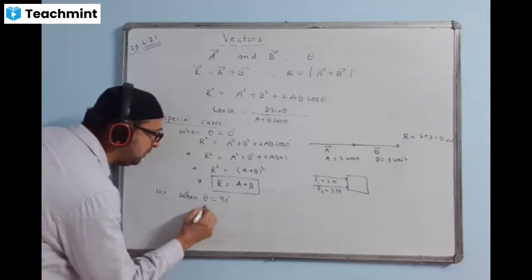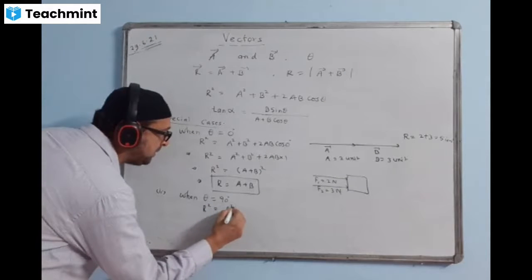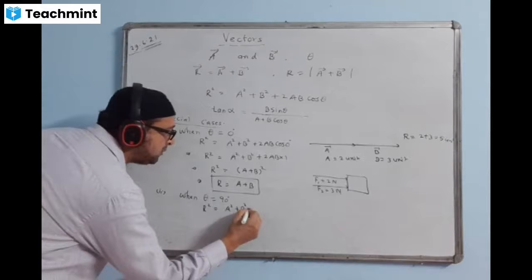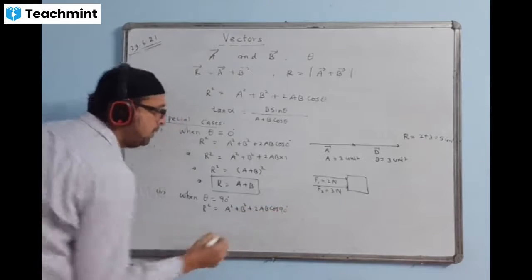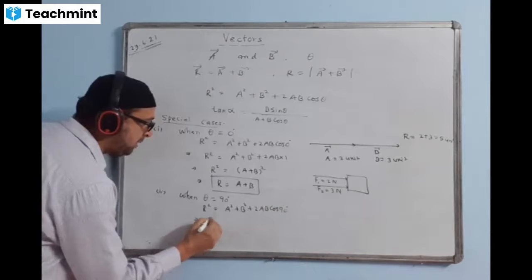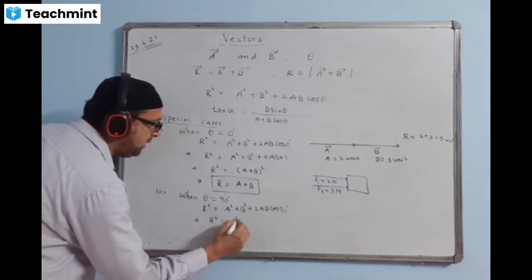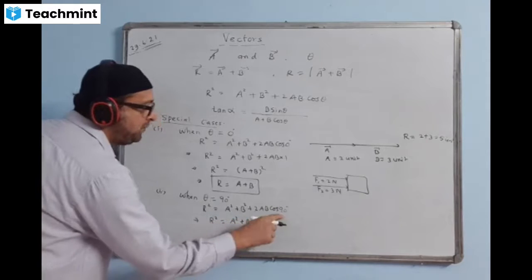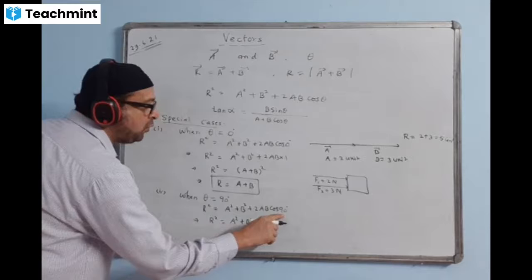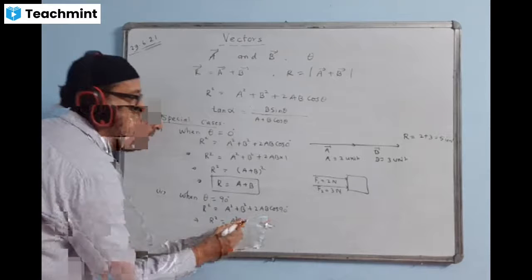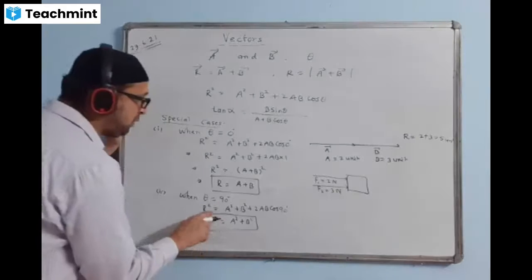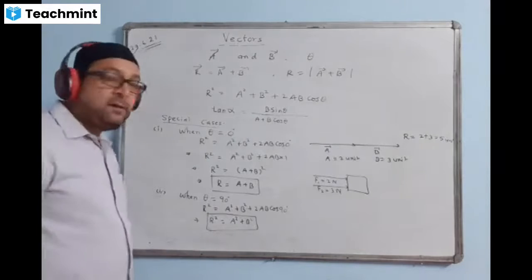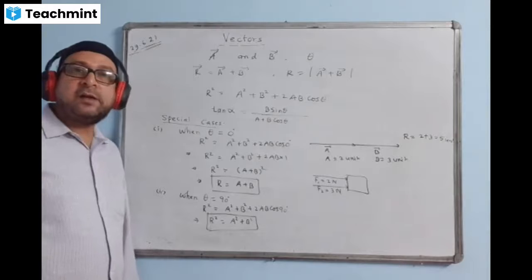Let us see what the value of R comes to. R square is equal to a square plus b square plus 2ab cos 90 degrees. We know cos 90 degrees is 0, so R square is equal to a square plus b square. So in a way, it is the Pythagoras theorem.